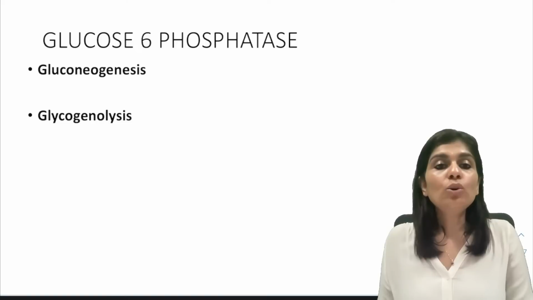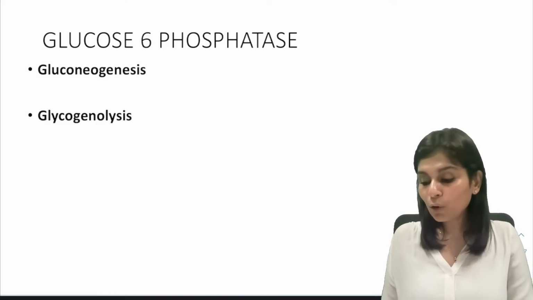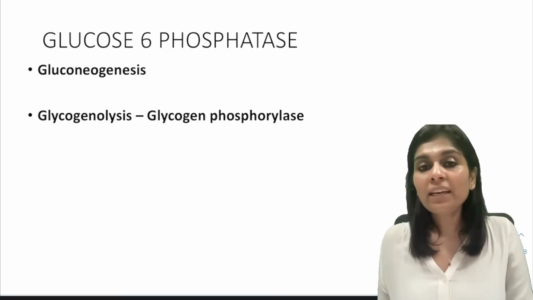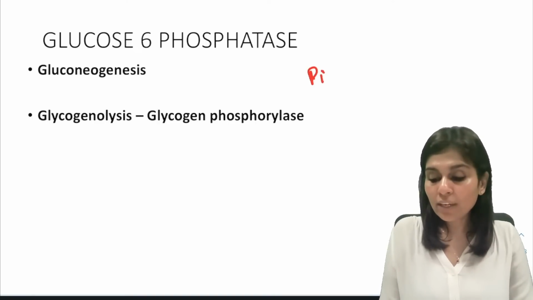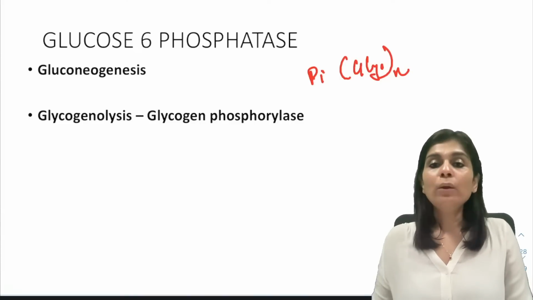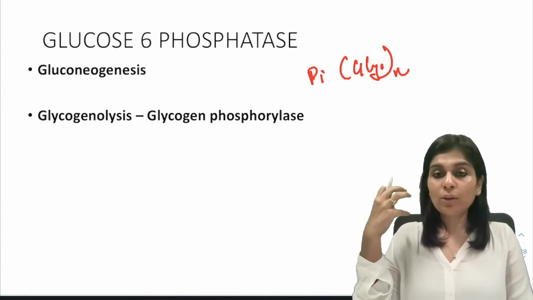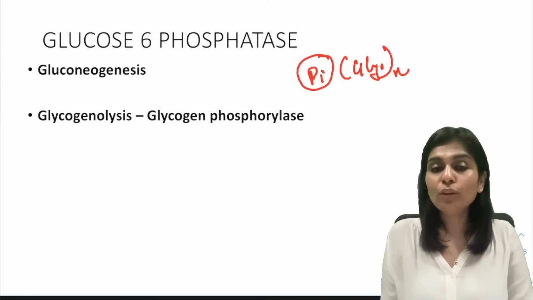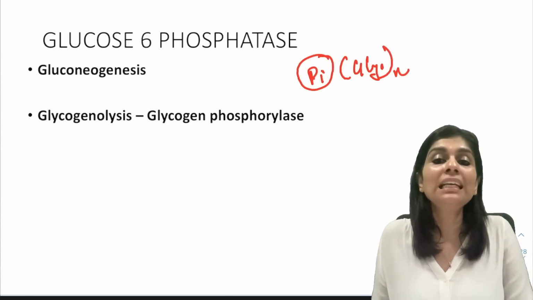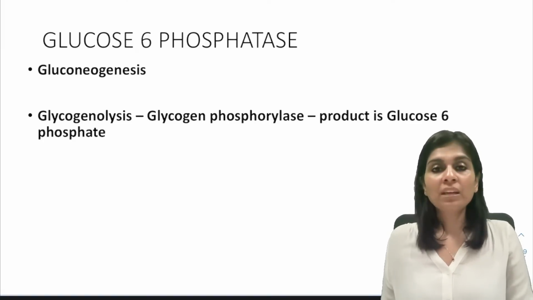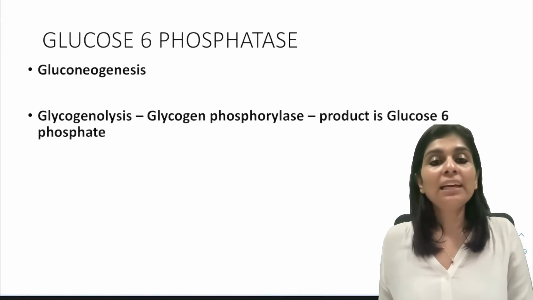Glycogenolysis is done by glycogen phosphorylase, which adds inorganic phosphate and cleaves glycogen with n glucose residues. One glucose comes out of glycogen and gets added to the phosphate used for cleaving, forming glucose 1-phosphate.